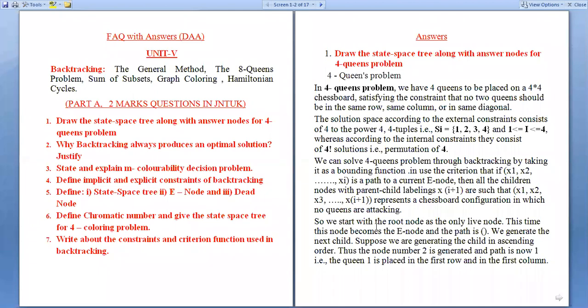So we start with the root node as the only live node.